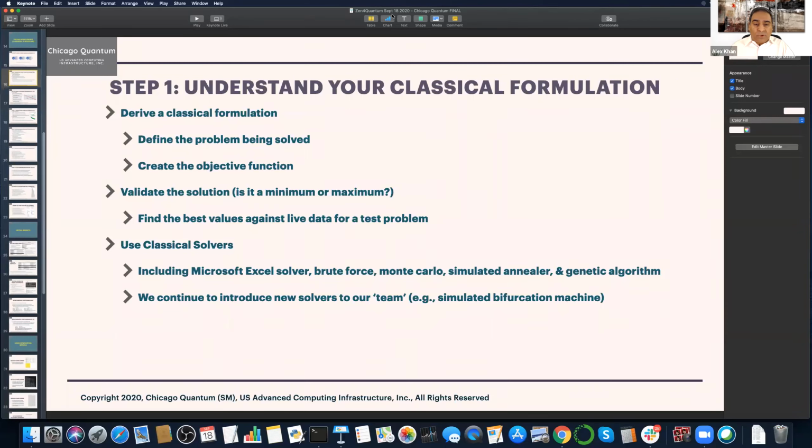Now with Solver, or with brute force, brute force is a good example. If you know your formulation, you know what your Sharpe ratio calculation is, you can put in different combinations of stocks and literally calculate, depending on the weight, the variance terms, and the expected return, what the Sharpe ratio of some combination would be.